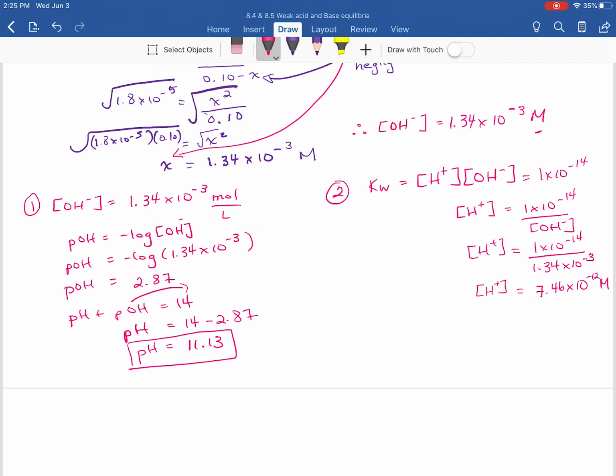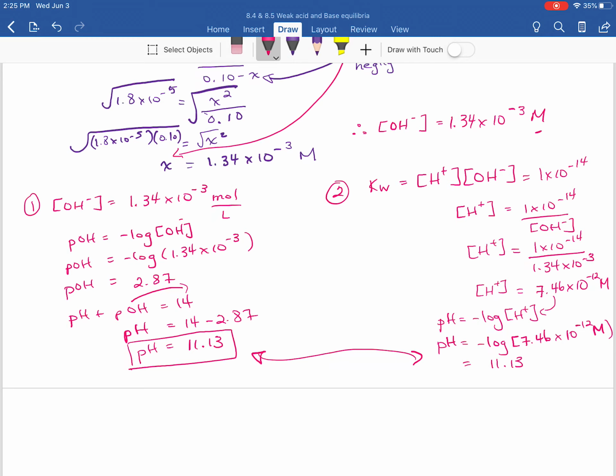And then I just use the pH equation. I plug that in, and I end up with the exact same answer. And you should, because it's the same thing you're looking for. So two different ways to attack the same problem. Use one or the other, I don't care which one.